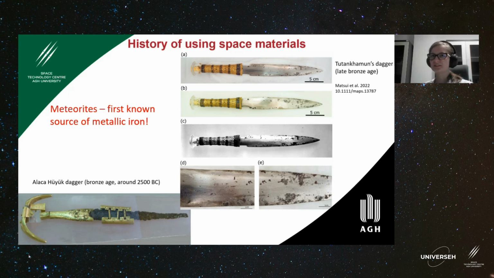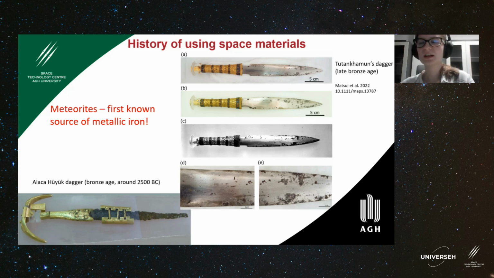And regarding the first usage of space materials, I would like to start with meteoritic metal, because while meteorites are currently mostly collected by either researchers or people who like pretty rocks, so just collectors, or are studied by scientists, in the past, meteoritic iron was the first type of iron that was available for use, because it didn't require ore processing abilities.